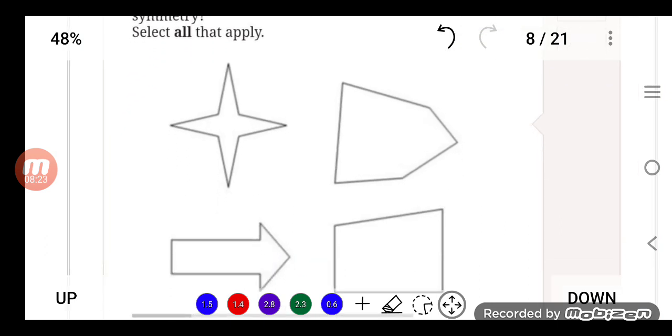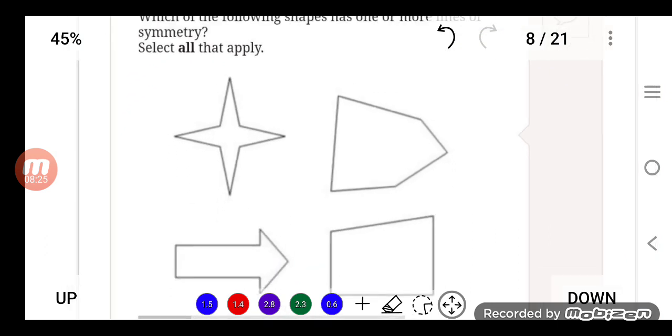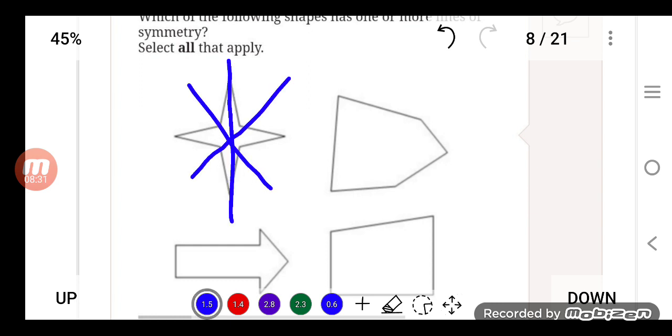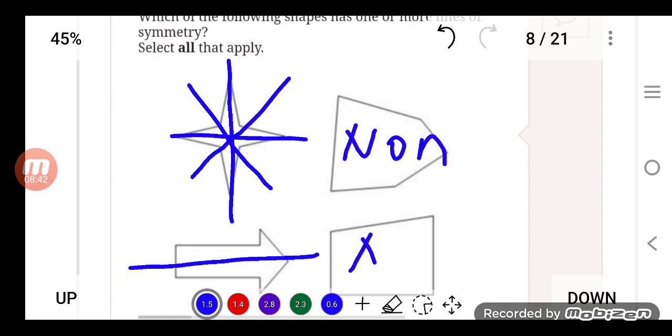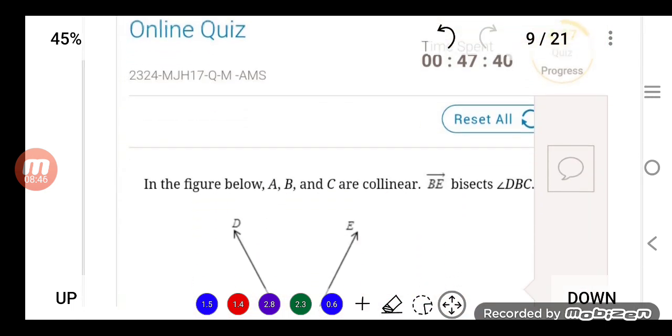Here, this shape has two lines of symmetry, or 3, 4 lines of symmetry. And this shape has one line of symmetry, while these two shapes have no lines of symmetry. Next question.